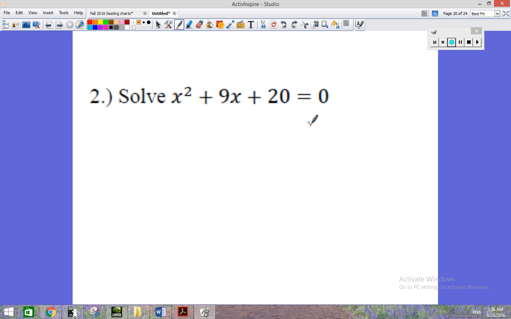So let's move on now to number 2. If we want, we can use that quadratic formula that we just identified in problem number 1. But it's probably easier, or at least a little bit faster, if we solve this by factoring using the x method. So you take the first term times the last term and place it at the top of your x.